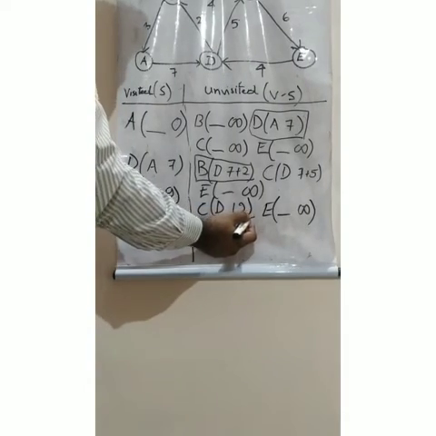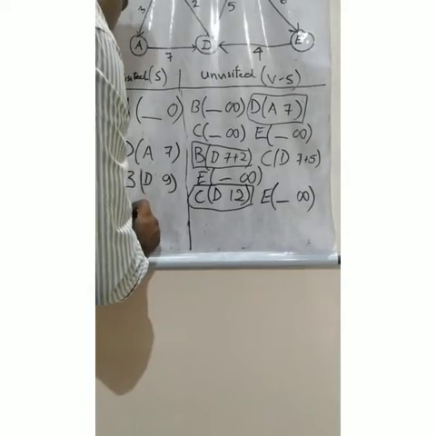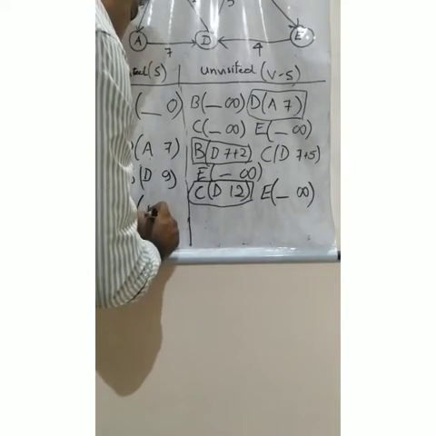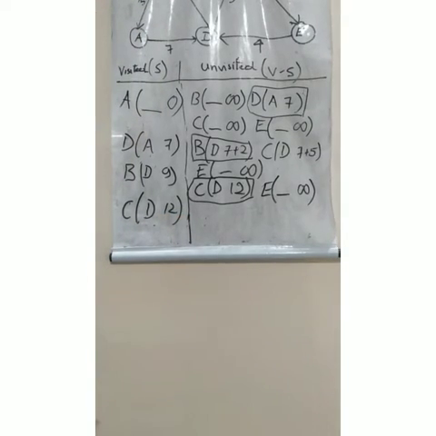This one is the shortest, so admit that. Now C, D is the source and 12 is the shortest.